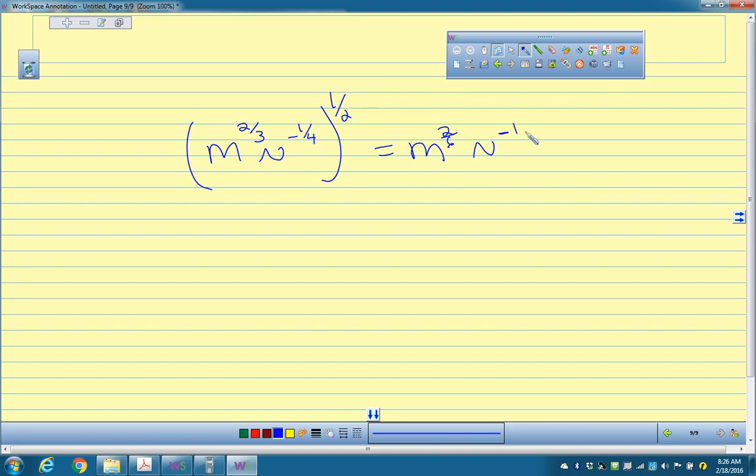What's 2 times 4? 8. If I wanted to completely simplify this, what does 2/6 reduce to? 1/3. How can I make this one positive? Yeah, bring the n downstairs. Make it 1/8. Okay, so that's how you would simplify something like that.